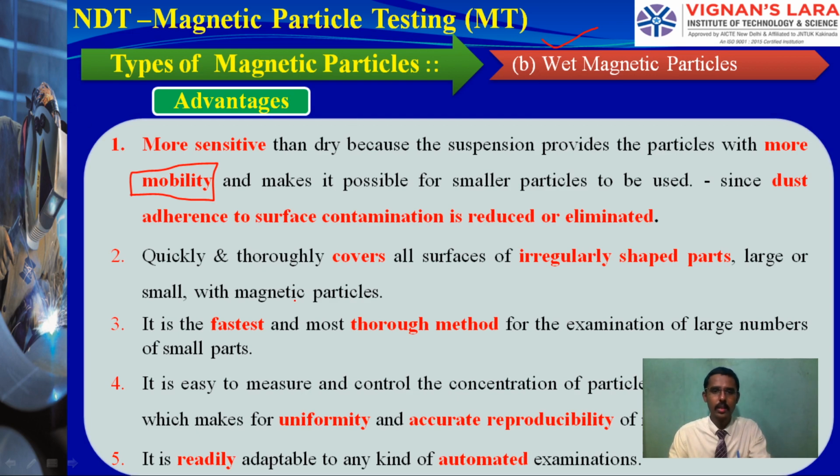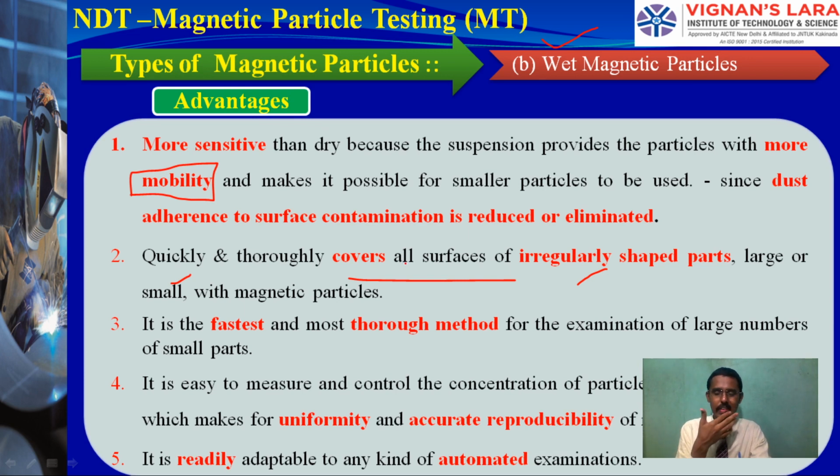It quickly and thoroughly covers all the surfaces of irregularly shaped parts. In dry particles we saw irregular shapes are not possible, as the powder is sticking over. Irregularly shaped parts, large or small, are possible with wet magnetic particles. It is the fastest and most thorough method for examination of a large number of small parts.